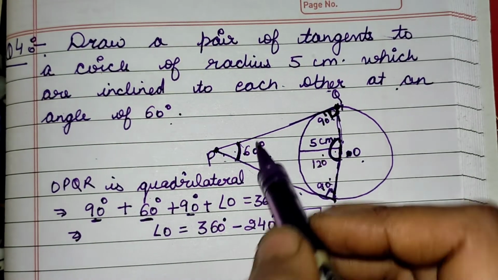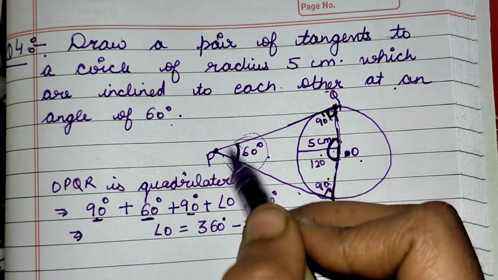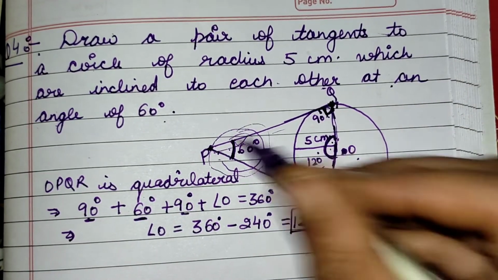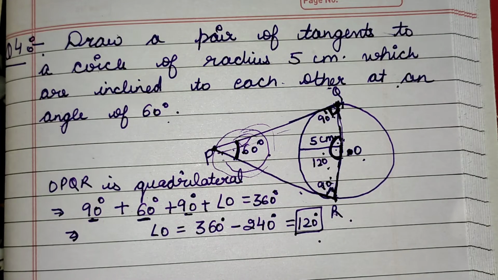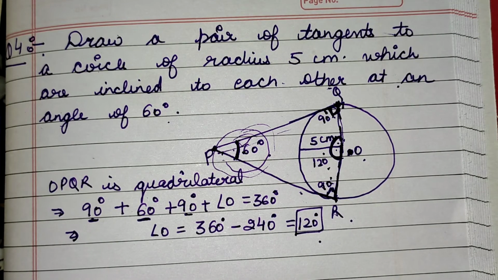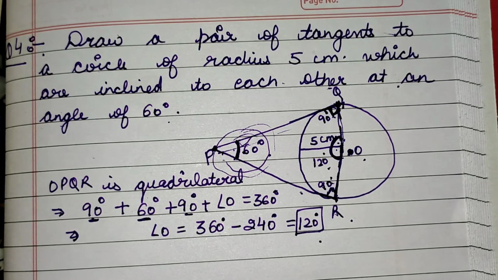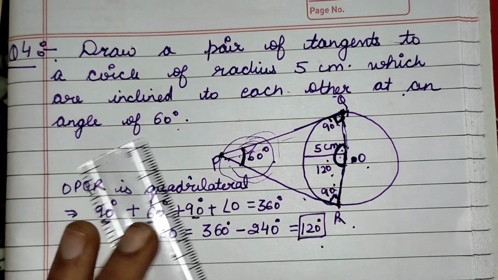Okay, so instead of drawing this angle, we will draw these three angles. So automatically this angle will be 60 degree. So what we will do? We will draw an angle of 120 degree on the diameter of the circle, right? So let's proceed how to do that.